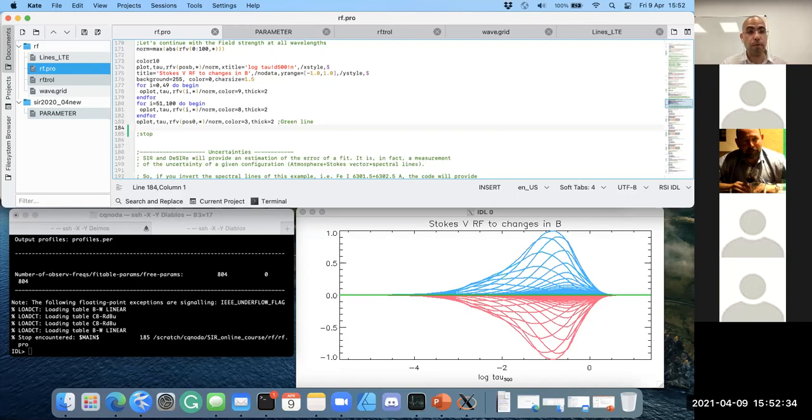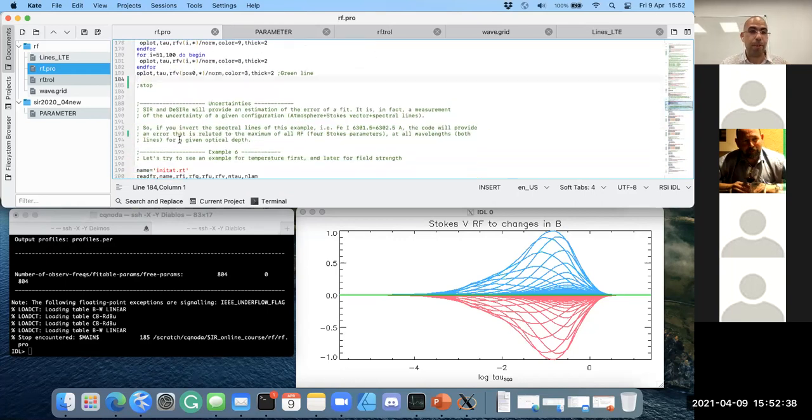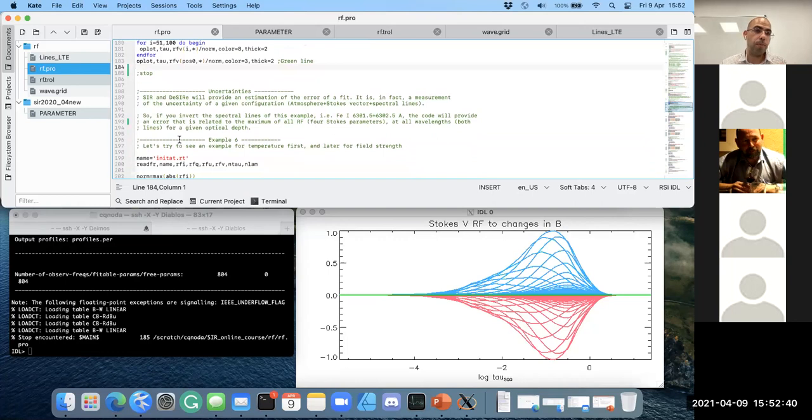Okay, so now that I think you know that they are important, I thought it would be nice to also add something that is purely related to response functions, and it's something that we sometimes use, but we don't know exactly how it comes about. So I will try to show you how the code more or less estimates the error that you will have in your fit.